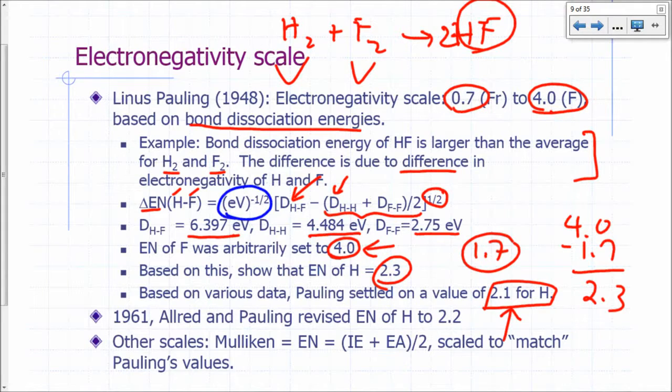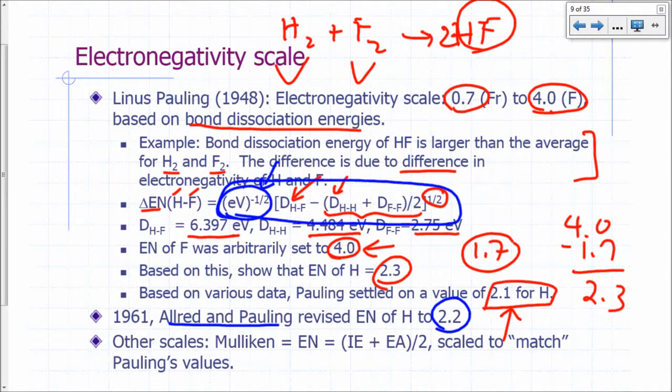This eV to the negative 1/2, electron volts to the negative 1/2, is just something you put in there so that the whole expression comes out unitless. So electronegativity is a unitless quantity. Now, Allred and Pauling revised the electronegativity value of H to 2.2 in 1961 based on additional data.